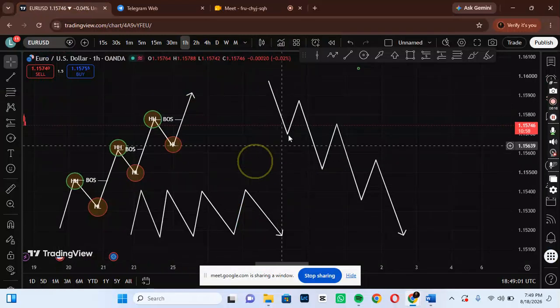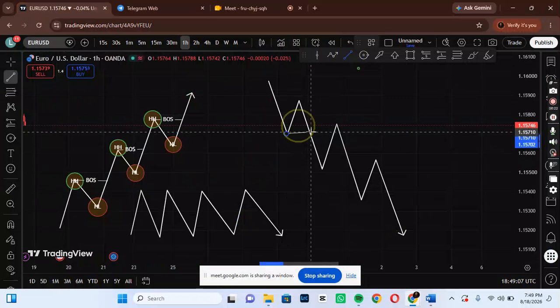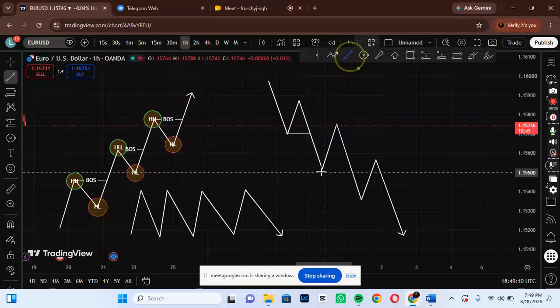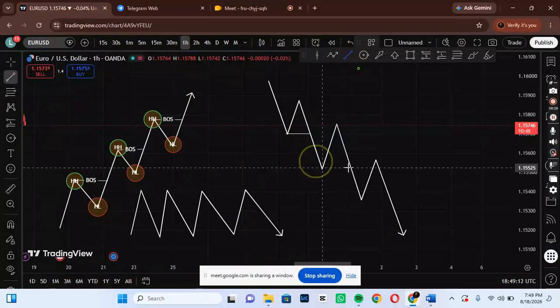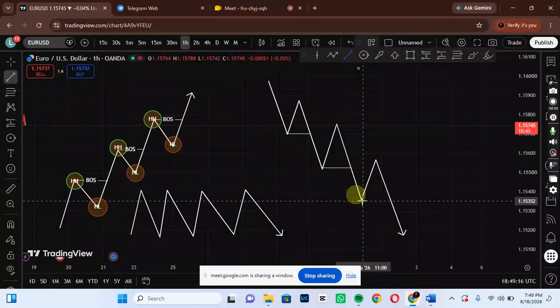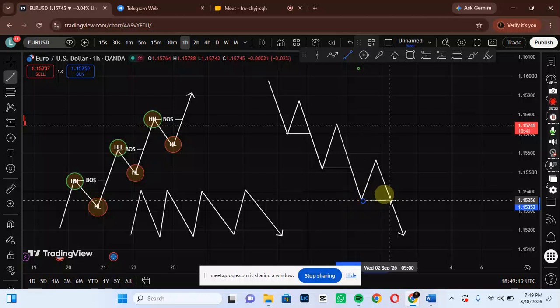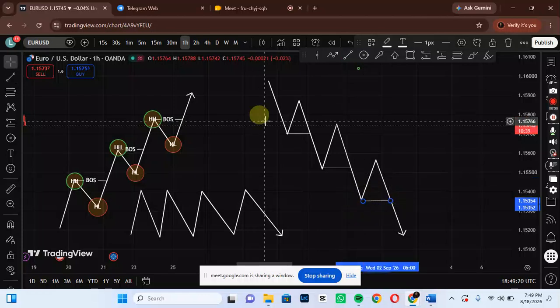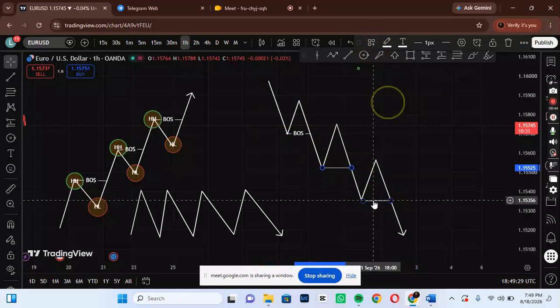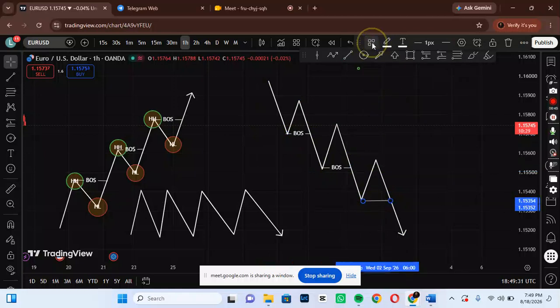The next thing here is the downtrend. The downtrend consists of a series of lower lows and lower highs. I'm just going to identify the break of structure for the downtrend. Whenever you see the market breaking structure and creating more lows, we have in mind that that market is in a downtrend. Just like all these ones we are seeing, it's on a downtrend.